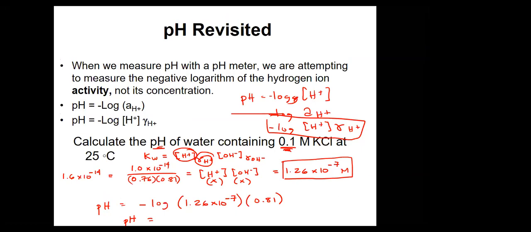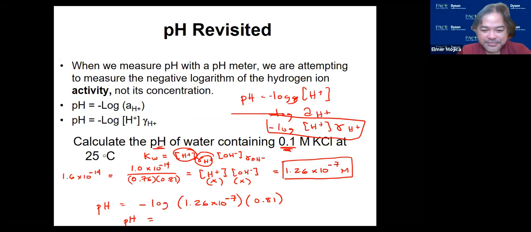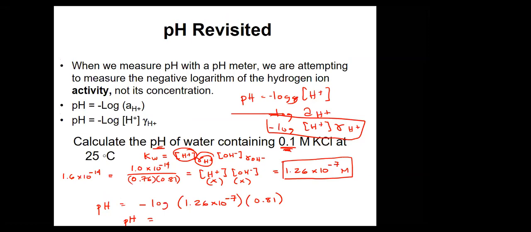I got negative 6.99. Oh, sorry, no negative. That's my bad. Sorry, no negative. 6.99. Others?